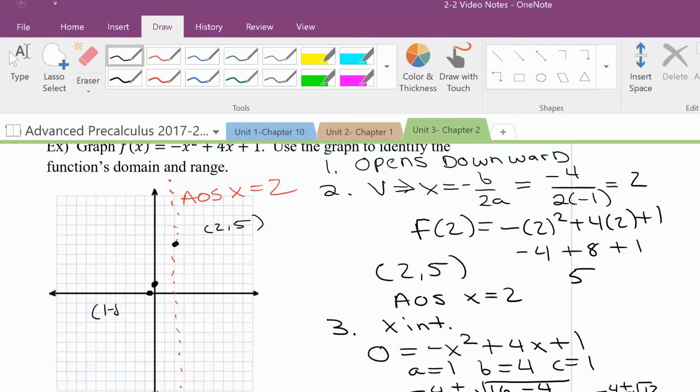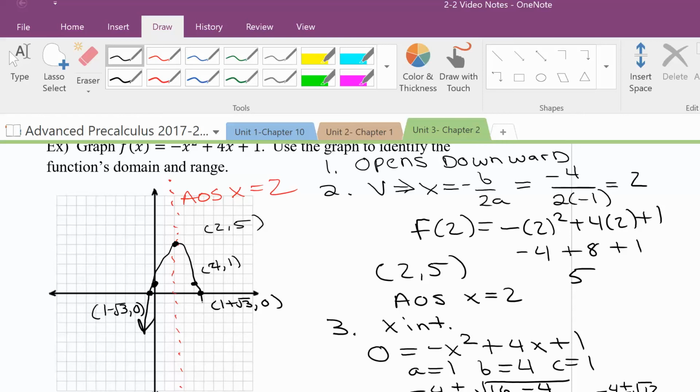So there's (1 minus rad 3, 0). And then if we draw the symmetrical point to (0, 1), we get (4, 1). And then we can put (1 plus rad 3, 0) there. So then there's our parabola.